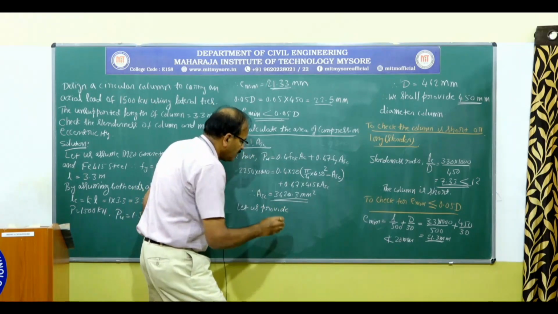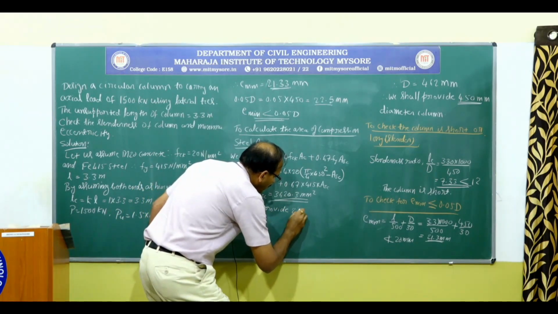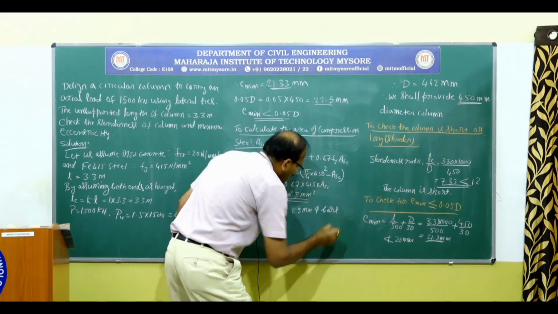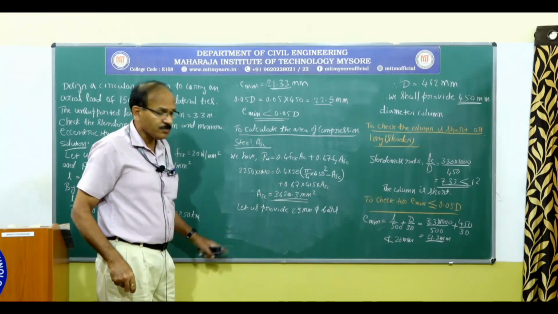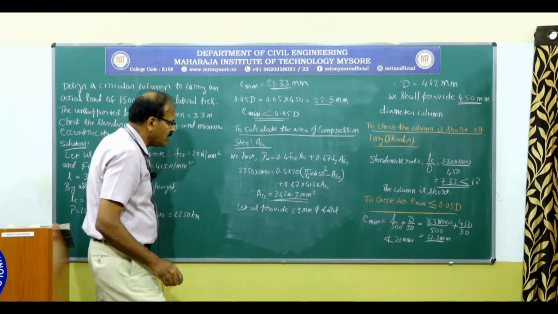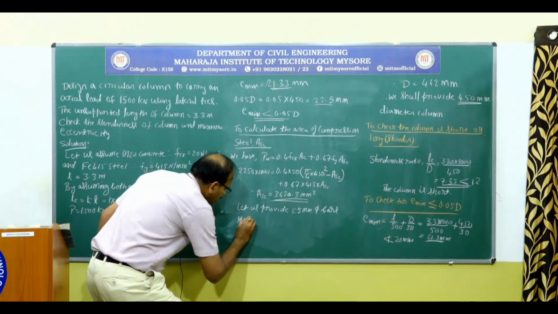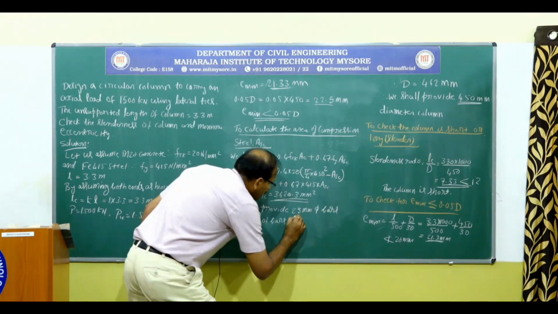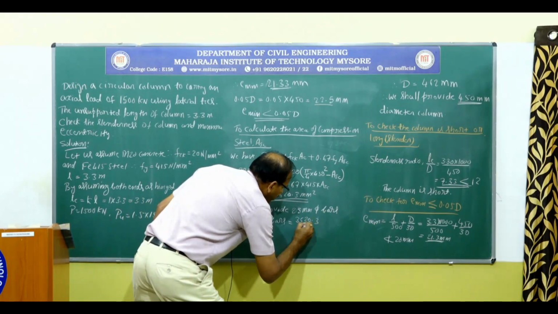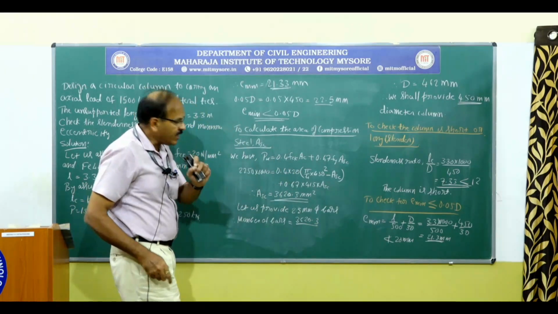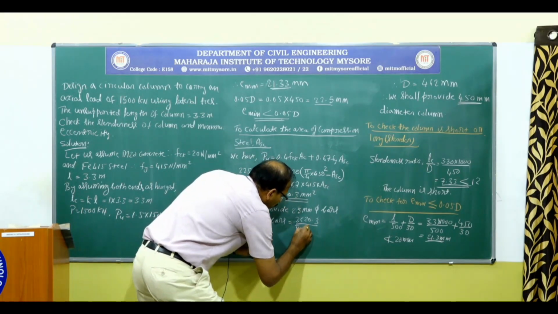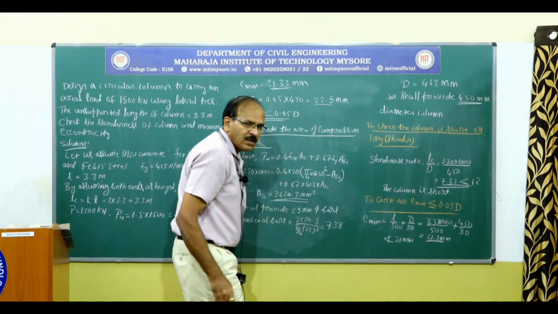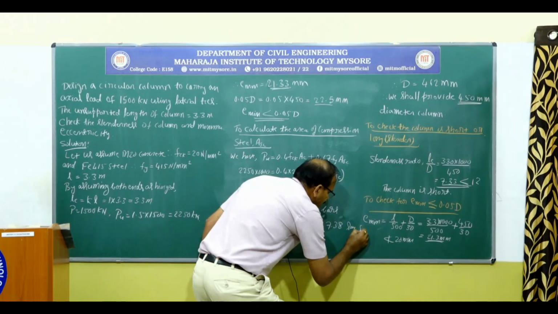Okay. So let us provide 25 millimeter diameter bars. Therefore, number of bars equal to 3620.3 divided by area of each bar, that is pi by 4 25 square, that is equal to 7.38 bars, that is say 8.